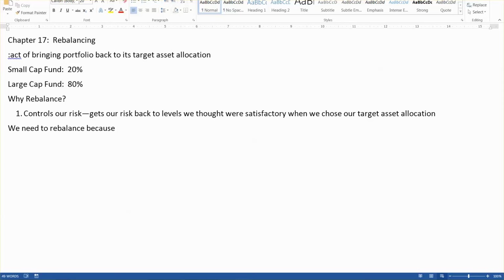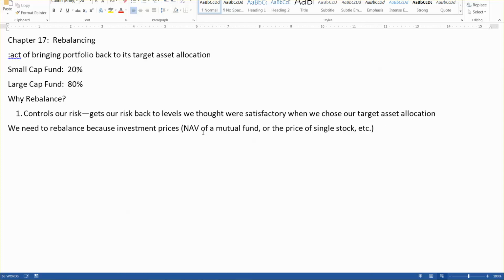But we need to rebalance because investment prices, and by that I mean the net asset value of a mutual fund, or the price of a single stock, not that I suggest you invest in individual stocks, but you might, or you might be trading exchange traded funds, and those actually change throughout the day, as do the prices of single stocks.